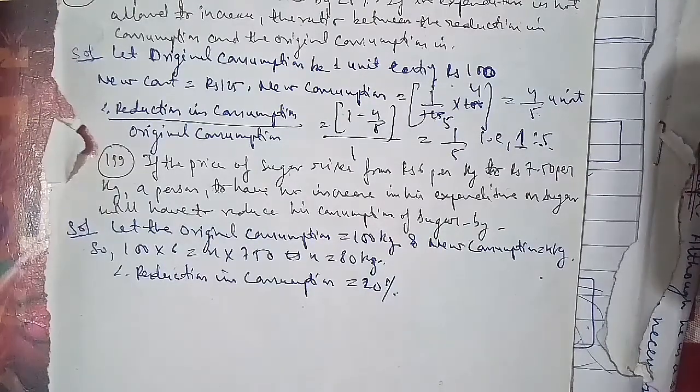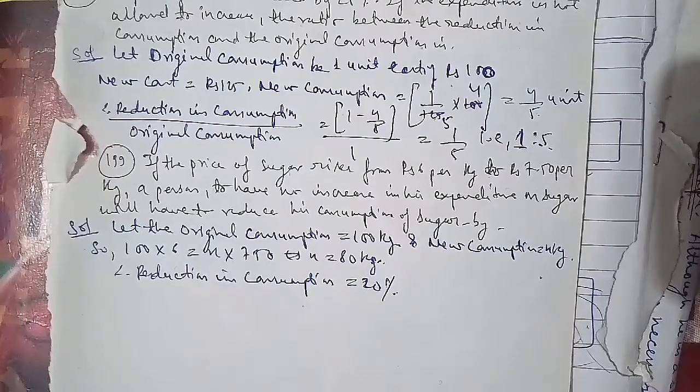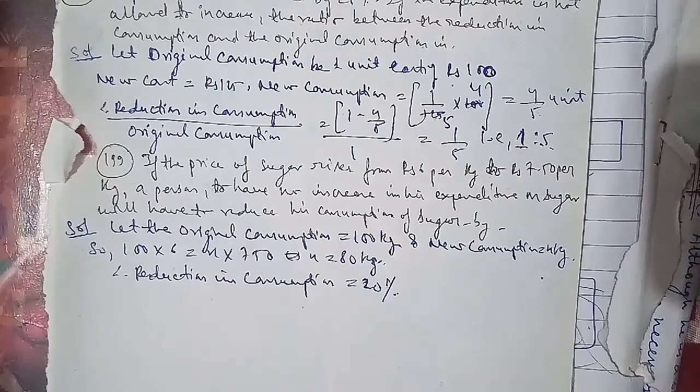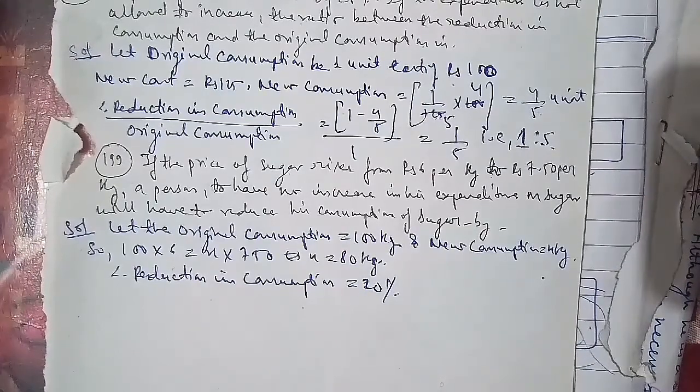That is another important question here. The question states that prices register an increase of 10% on food grain and 15% on other items of expenditure.